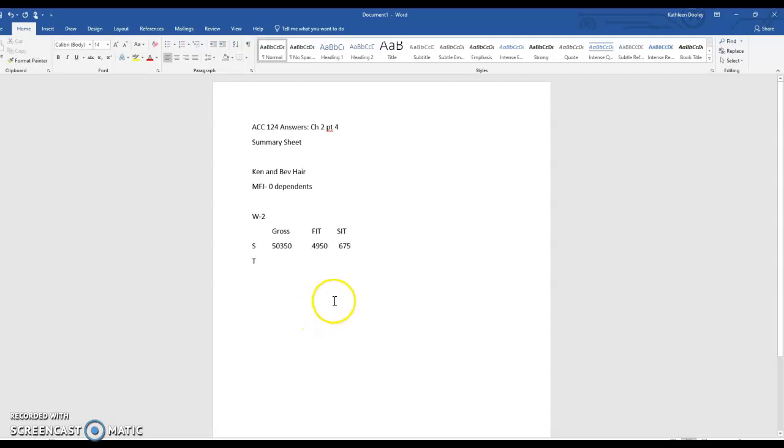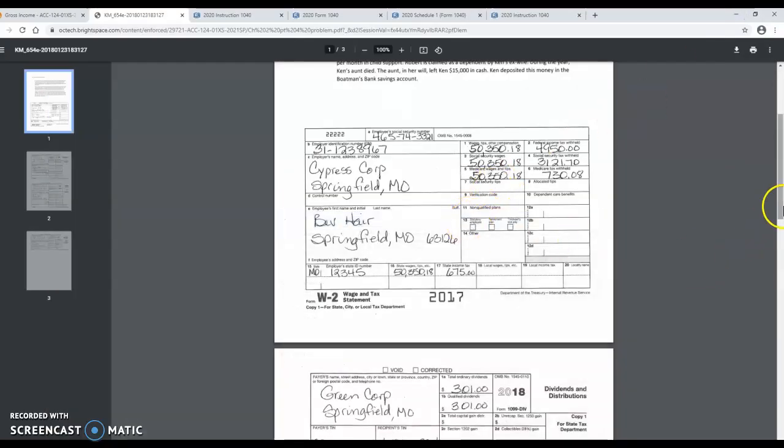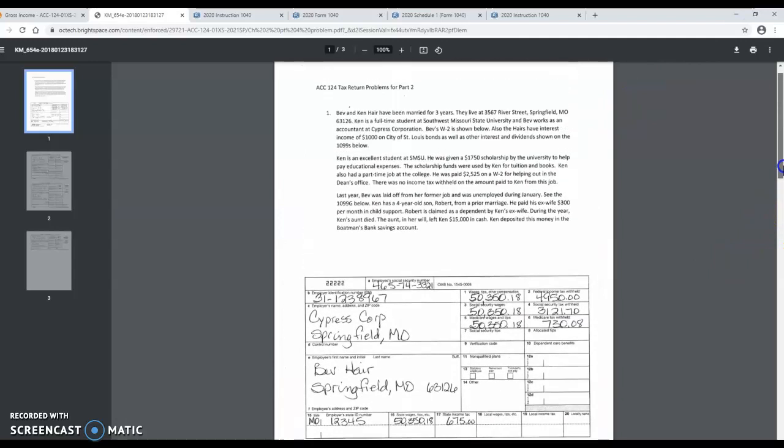And we look and see, does the taxpayer have any? Okay, and it says in this second paragraph, he's an excellent student at SMSU. Okay, he's given a $1,750 scholarship by the university to help pay educational expenses, and it was used by Ken for tuition and books.